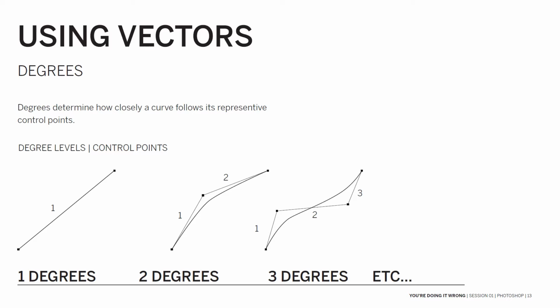Now, a curve that has 2 degrees will have a curve to it. Sorry about the terminology being a little funky, but a curved line has at least 2 degrees. And you're typically working with a line that has at least 3 degrees. Those points that you see there are control points that allow you to manipulate the way the curve looks.